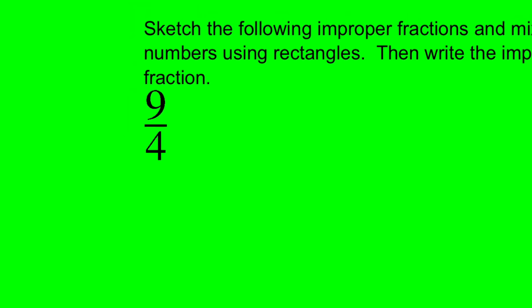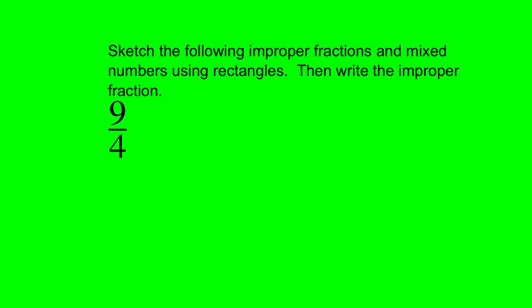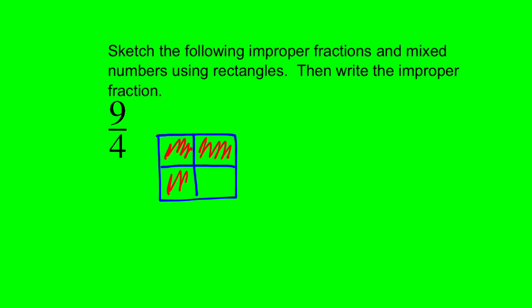If we want to represent this with rectangles or squares, we have to draw a rectangle or a square, divide it into 4 equal-sized parts, or the best we can draw, and we have to shade in 9 of them. Now, when I do this one, I've got 4 parts, and I've shaded in 4 of them.